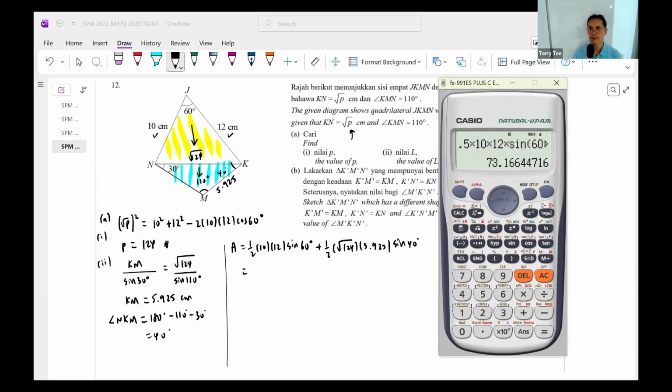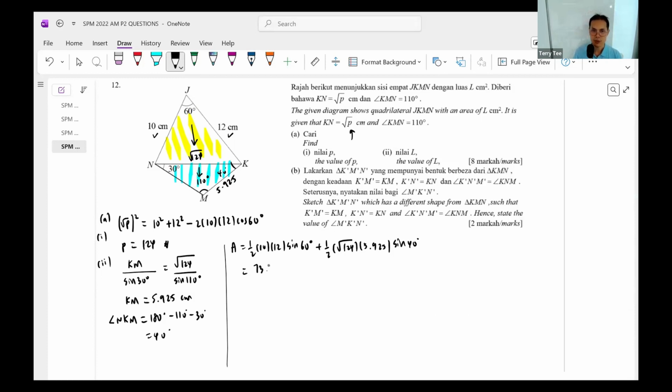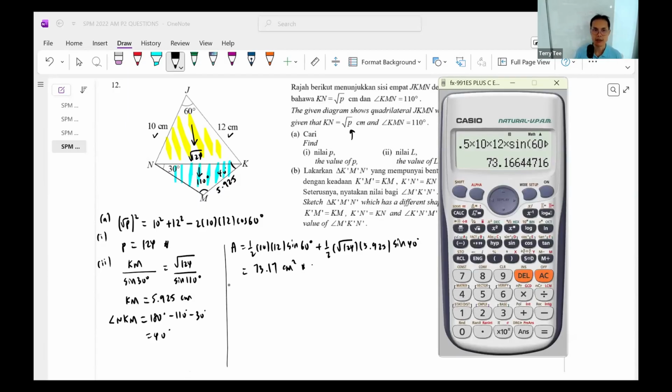So you should get 73.17. Square it, 1716. Is it 16 or 17? 17, right? Okay.